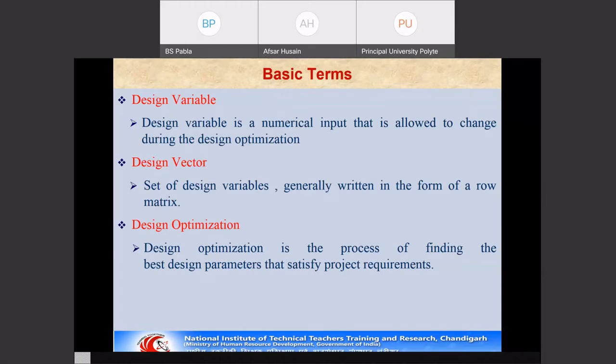So a design vector is a set of design variables generally written in the form of a row matrix. That means instead of 5 variables, we will have a 1 into 5 element matrix.